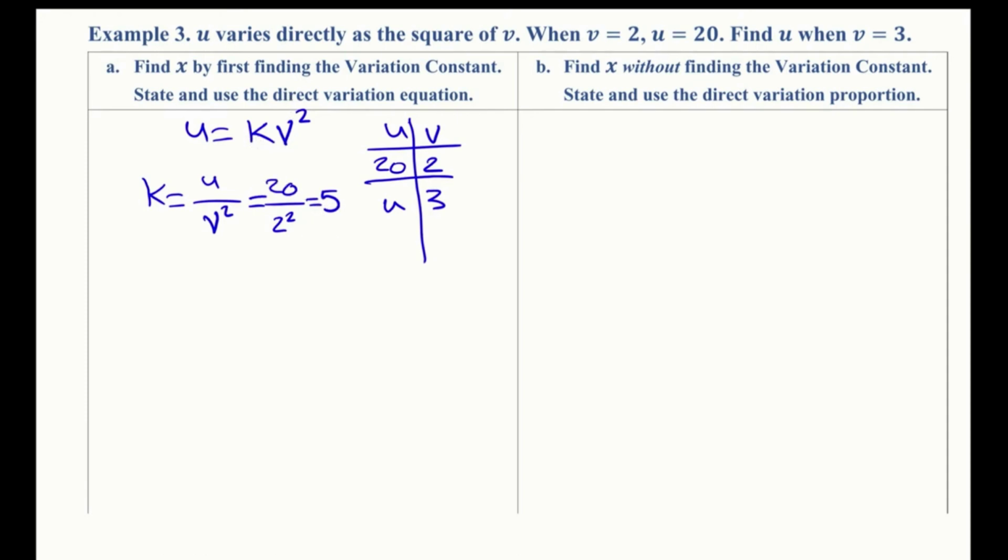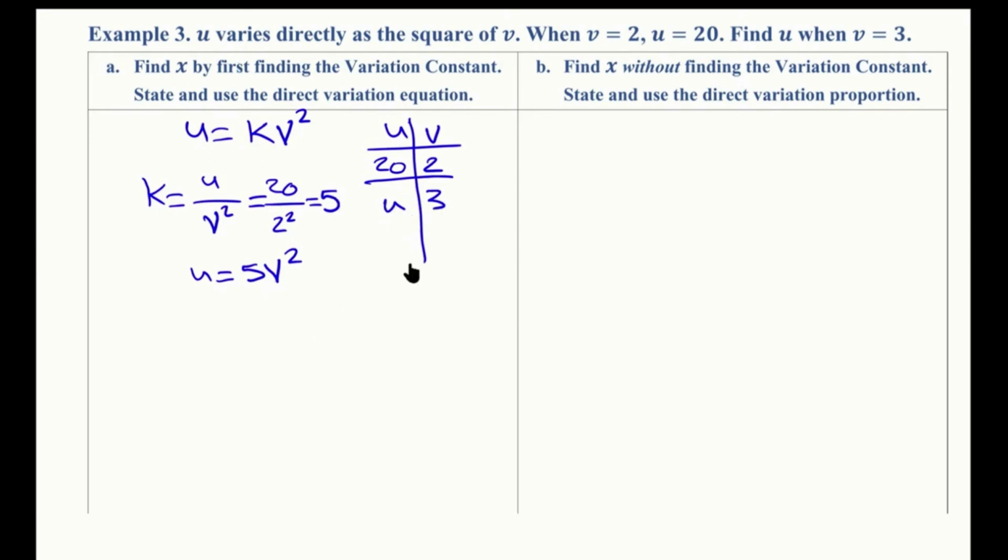So now we can write the specific variation equation for our situation here. So we get u equals 5 v squared. Now all we have to do is use this information to find u.